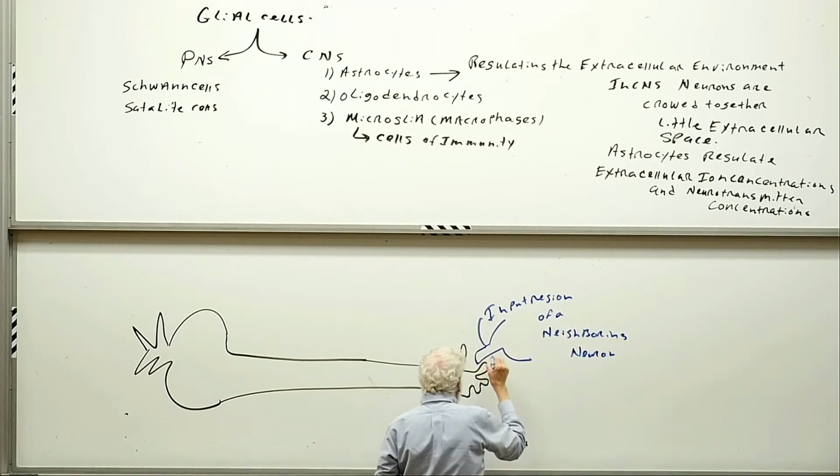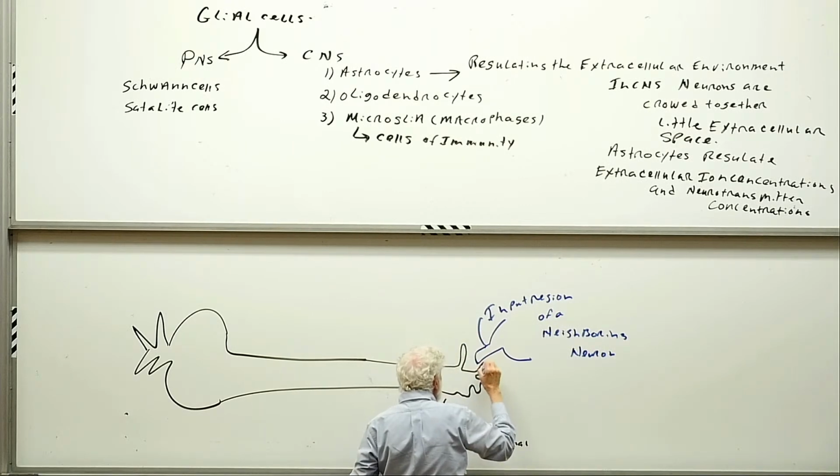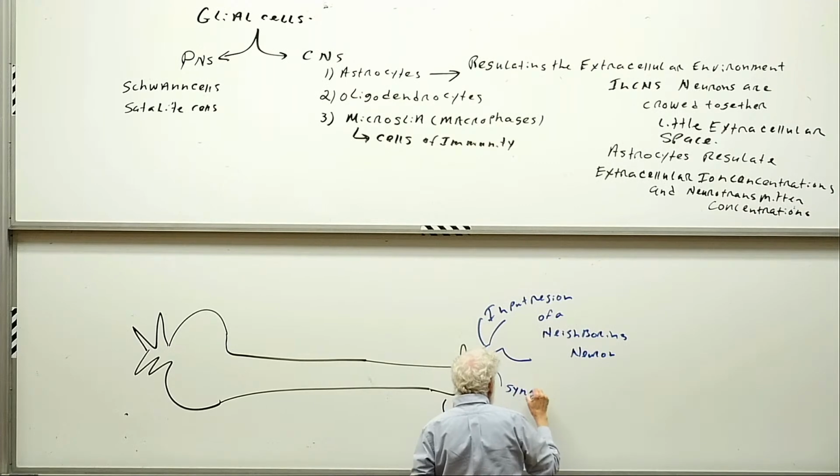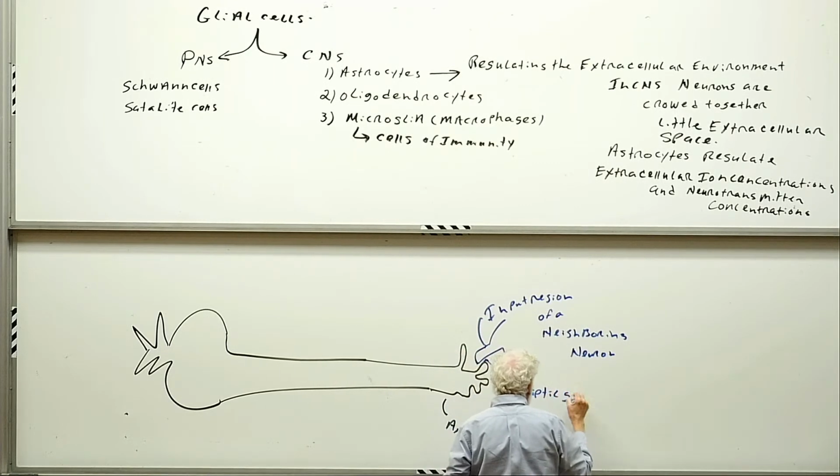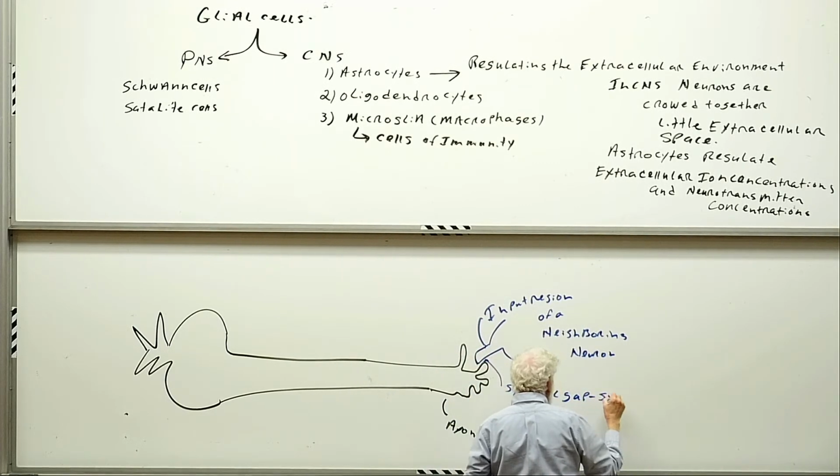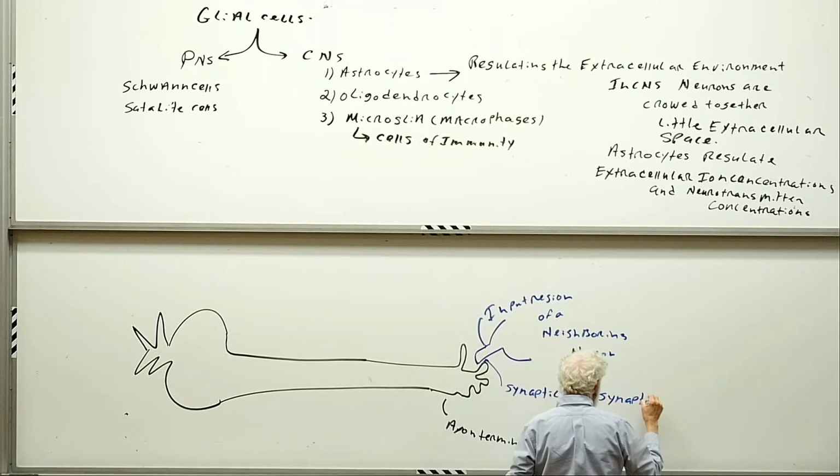There's always a gap between these two called a synaptic gap, sometimes known as a synaptic cleft.